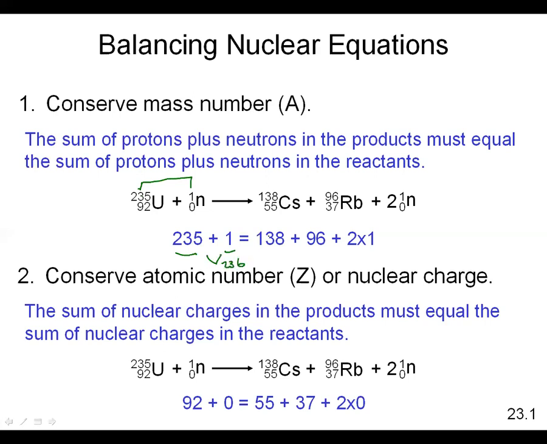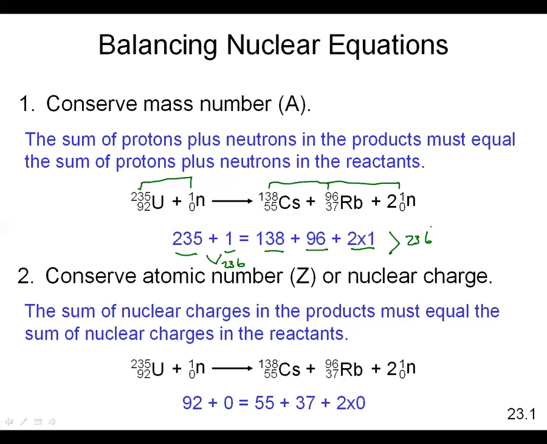When we add up the mass numbers on the right, we have 138, 96, and the coefficient 2 times 1 gives us 2. Add all that together and that is 236. So that is balanced in terms of the mass number.